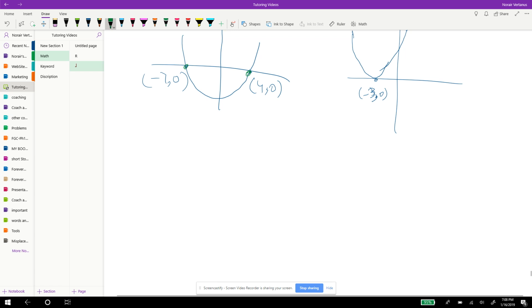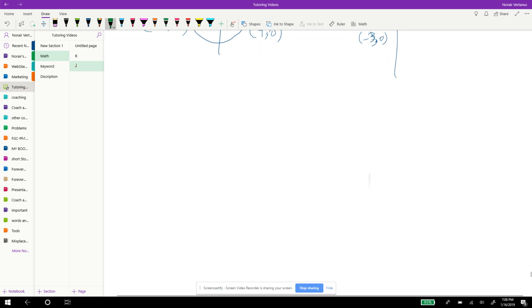So just to understand how to do these problems, I'm going to basically reverse engineer it. Before we do this, let's go back. Before you even graph it, you had things like y is equal to x squared plus 3x plus 2.